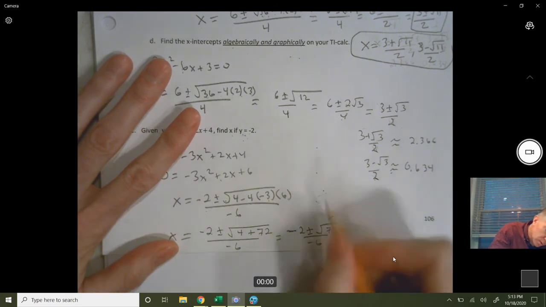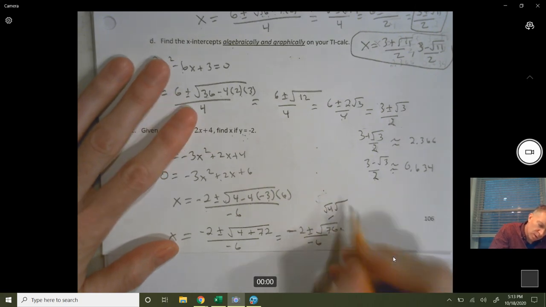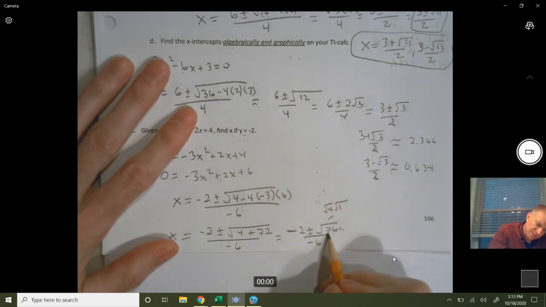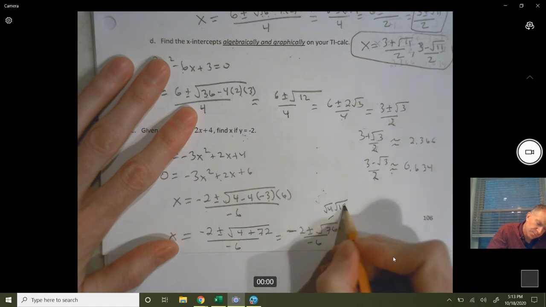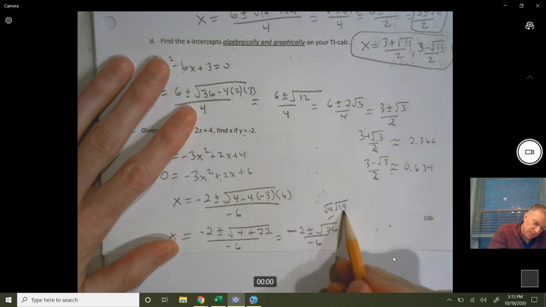Okay, so square root of 4 times the square root of 19. Okay, so 4 times 19, yep, that's right.